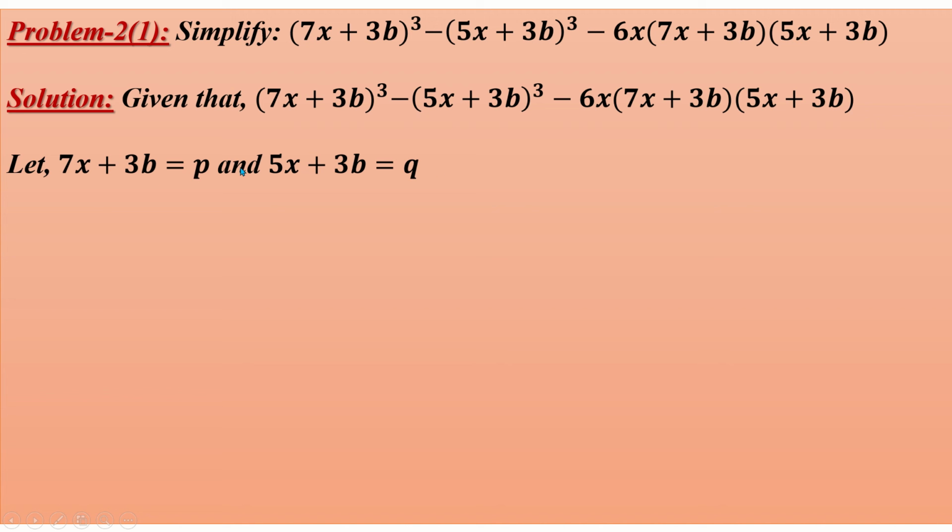Now subtract this and this, that means p minus q equals 7x plus 3b minus 7x minus 3b. Now calculate: 3b cancels, 7x minus 5x equals 2x, so 2x equals p minus q. Clear?